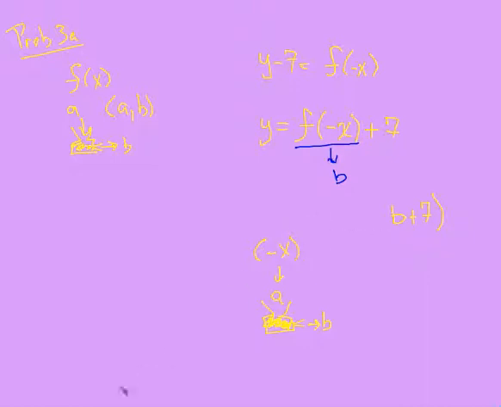And the way that we're going to get this to become positive a is we're going to plug in a negative a, which would then mean that this point, negative a for my x-coordinate, b plus 7 for my y-coordinate, will work in this function if a comma b works in this original function, right?